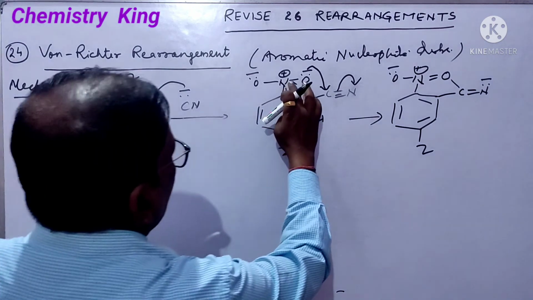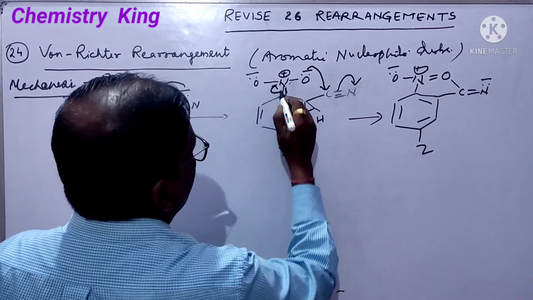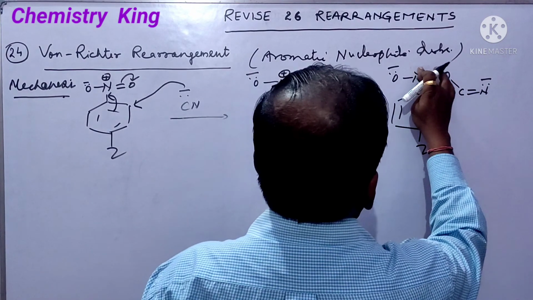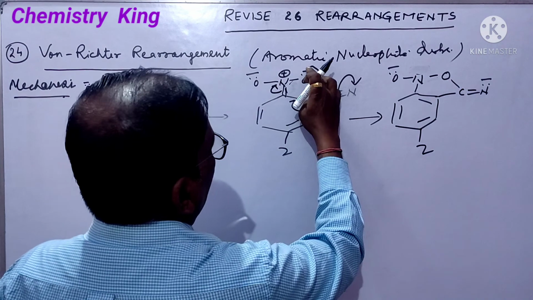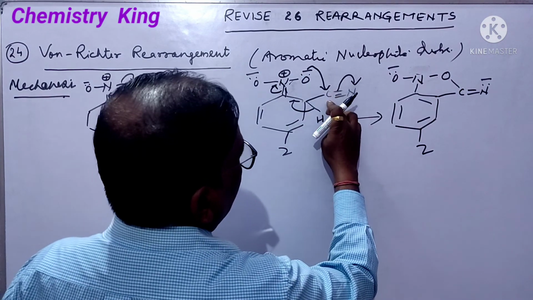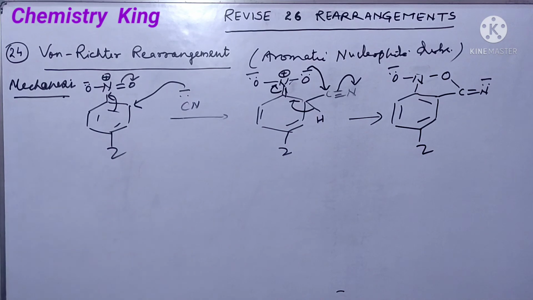Sorry, it will come here and there will be no positive charge, and here single bond, and minus this electron will come here. So it is the situation.